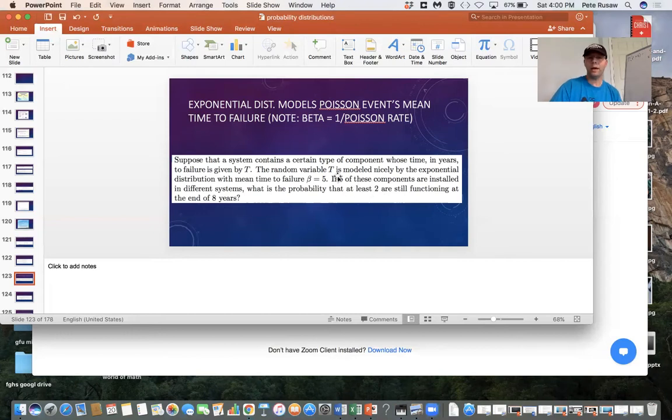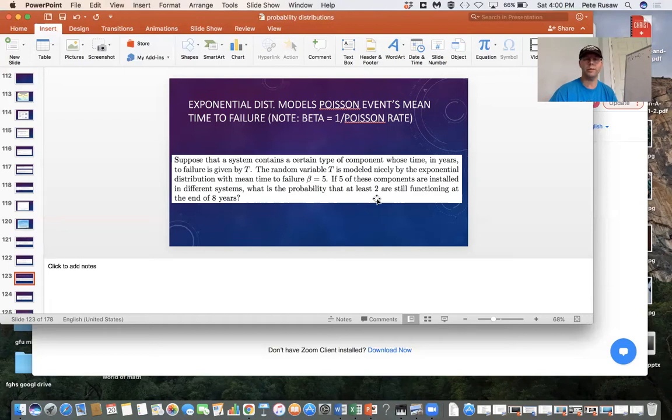But we don't have p. We don't have the probability of still functioning, the probability, I guess, of not failing. So we have a binomial question, but without the probability of success, and we're going to need to calculate that.